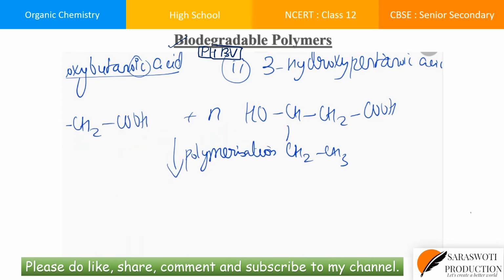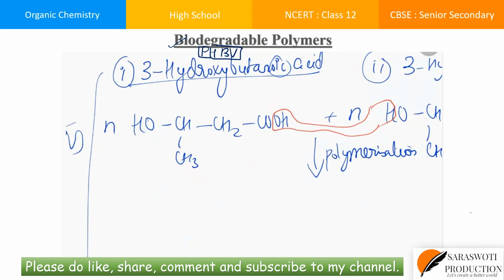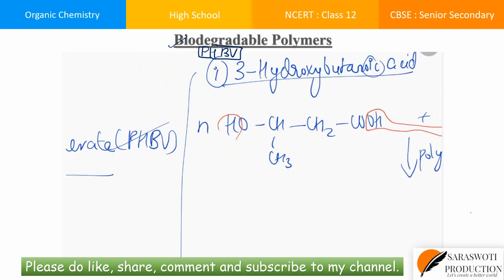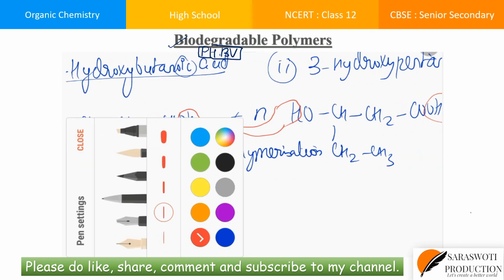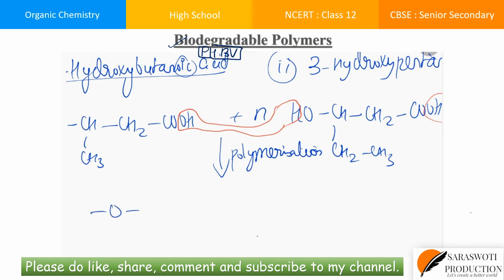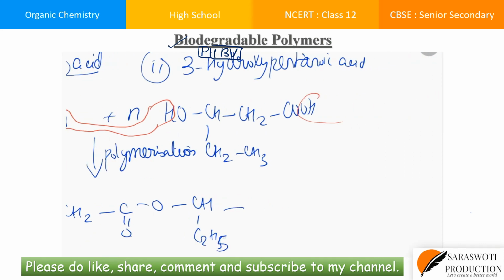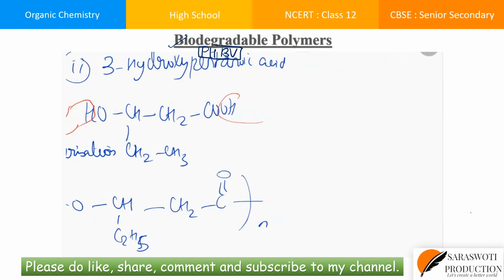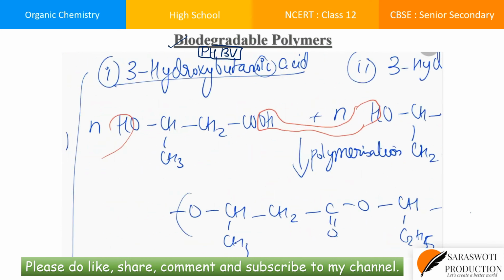From here H goes out, OH goes out, giving you water, and we get the answer as O CH CH3 CH2 C double bond O, and then CH C2H5, same thing, with CH2 C double bond O, whole n, plus nH2O, and that is our PHBV.